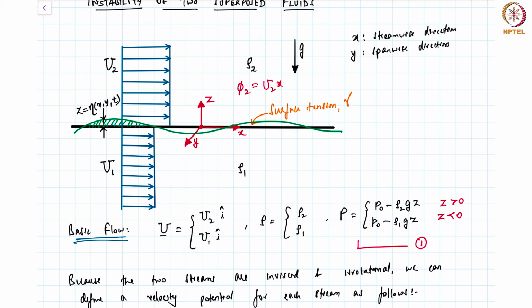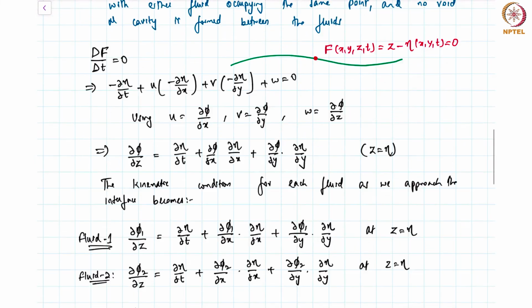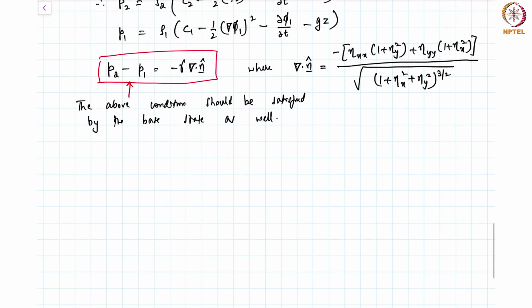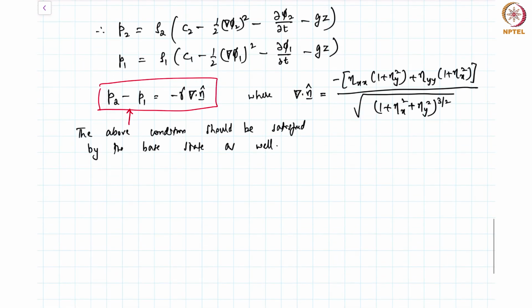Therefore, if I take the derivative of phi2 with respect to x, del phi2 by del x, I get u2 because there's only one component. And similarly, I get phi1 to be u1 times x. So phi1 and phi2 for the base state are just u2x and u1x. Therefore, I can now directly substitute this as follows.